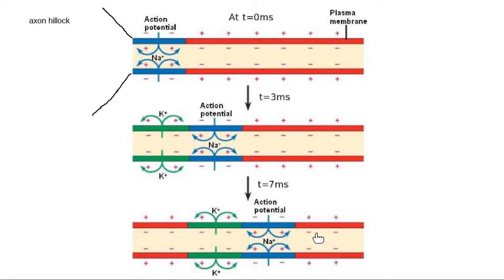An action potential is just a fancy word for changing my membrane charge over a distance. It's a moving membrane charge. First we're positive here, then we're positive here, then positive here, all the way down.